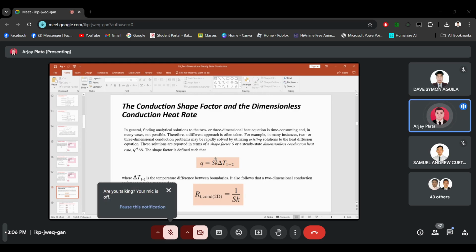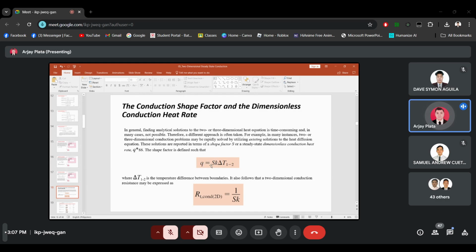In order for us to analyze the solution easily and to avoid any errors, we will use the shape factor S. So what is this shape factor S? This is our steady state dimensionless conduction heat rate.